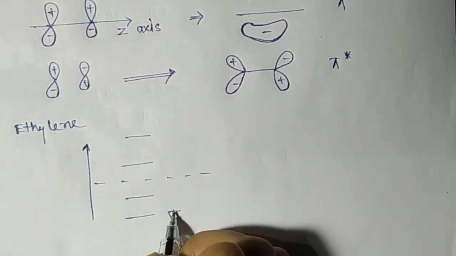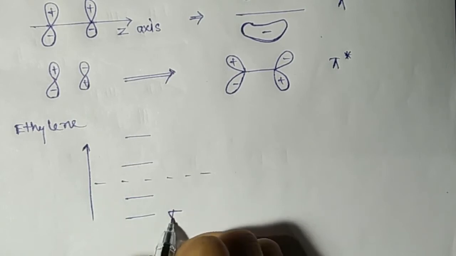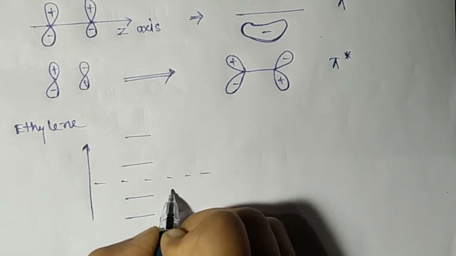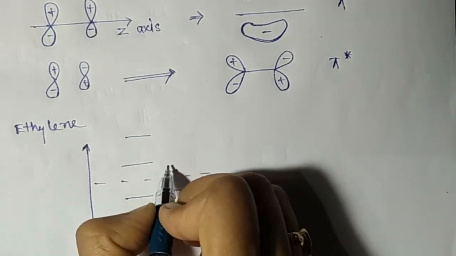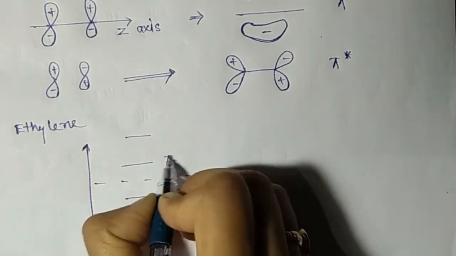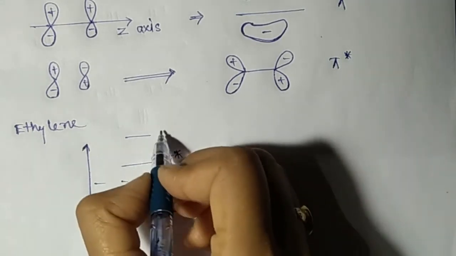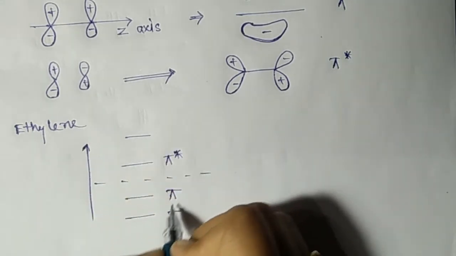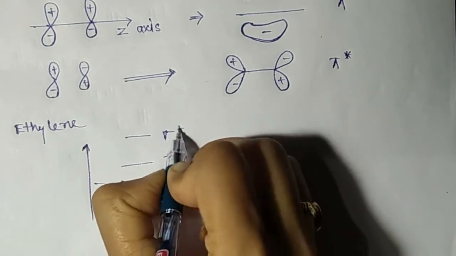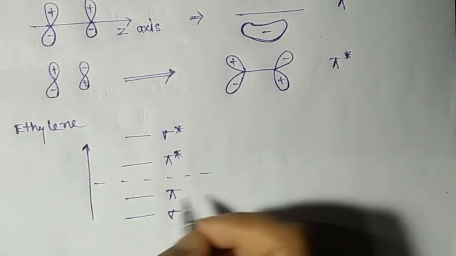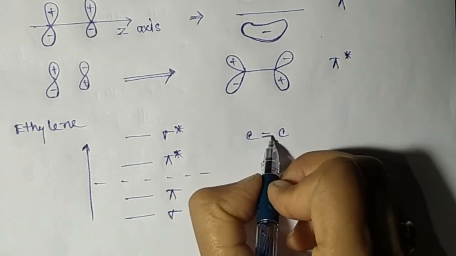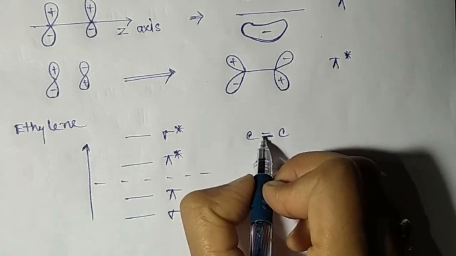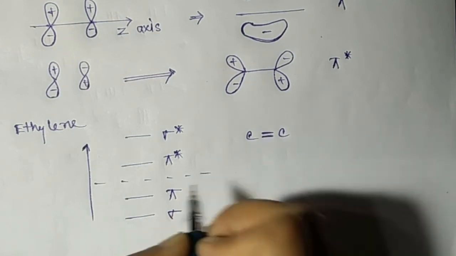this is due to formation of the sigma molecular orbital. This is due to formation of the bonding pi molecular orbital. This is due to formation of the antibonding pi star molecular orbital, and this is due to formation of the sigma star antibonding molecular orbital. We know that in the ethylene molecule, the carbon-carbon single bond or sigma bond has 2 electrons.